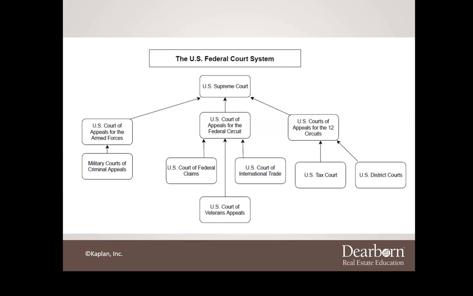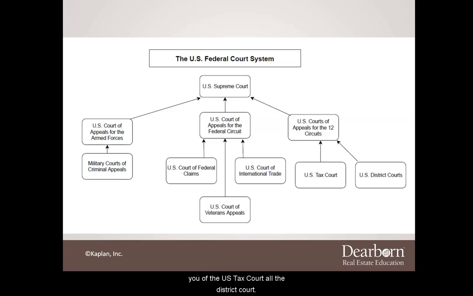But as we get down the fatter part of the triangle, the wider part of the triangle, I want you to see that it's wider because there are many more courts. So there are many more federal courts of appeals, and at the bottom of the triangle there's lots of little federal courts. I call them little, but they're not little.